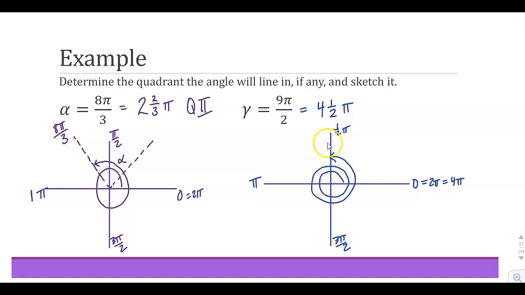So I'm actually up here along the positive y-axis, so this is my angle gamma, and it's not in a quadrant. It is a quadrantal angle. This is a quadrantal angle. It is not in a quadrant.